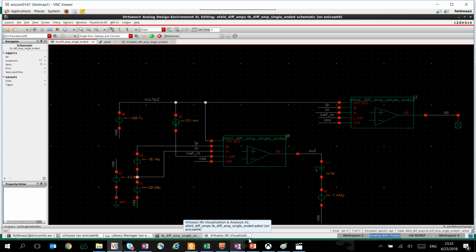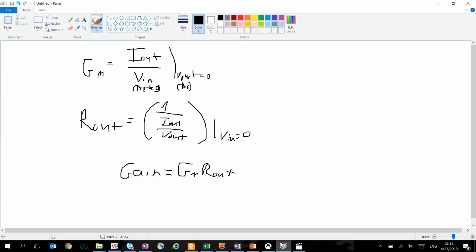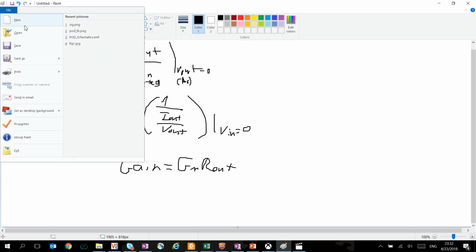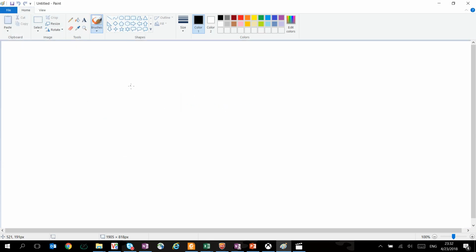So what's capacitance? Let's refresh your memory for a second. We know that the impedance of a capacitor is 1 over j omega C. But when we measure the impedance of any circuit, let's say any box, or maybe we're measuring the input impedance, right now I'm going to be measuring the input impedance of something.